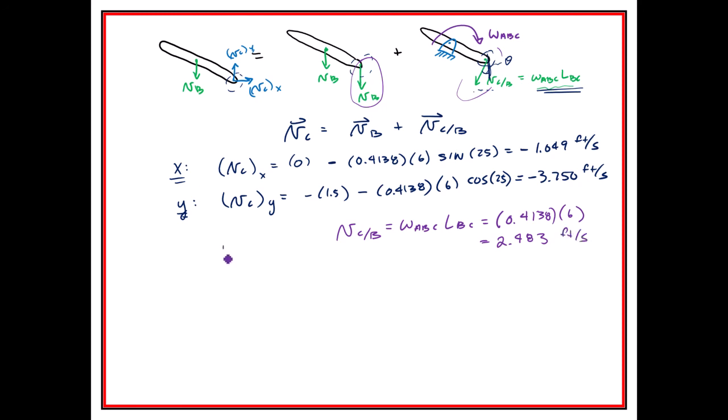So this is the velocity of B. We're going to add to that this vector up here. So it's going to be down that way. Velocity of C with respect to B is this magnitude, and we're going to have to make a little bit of room here because there's some angles that we need to see with respect to B right here.